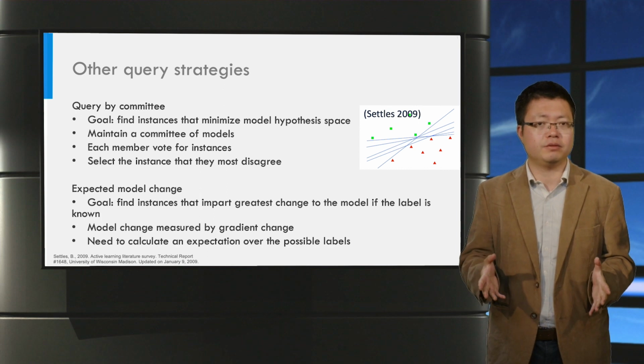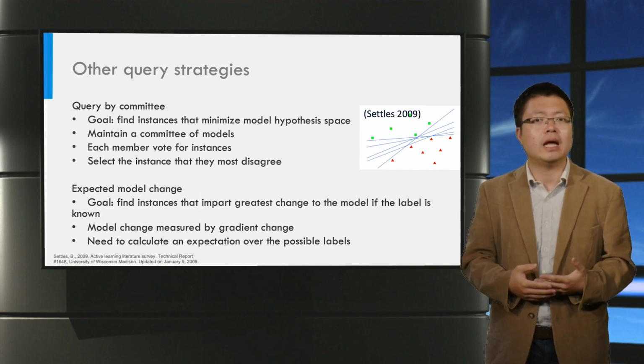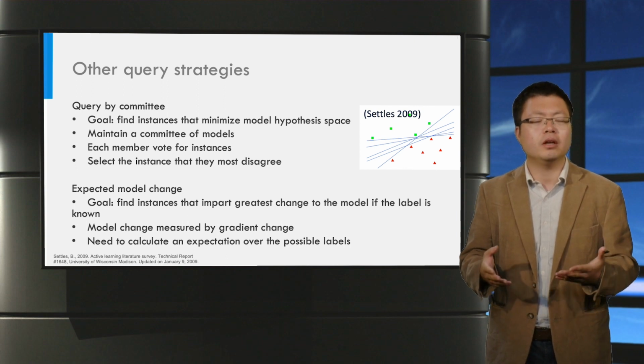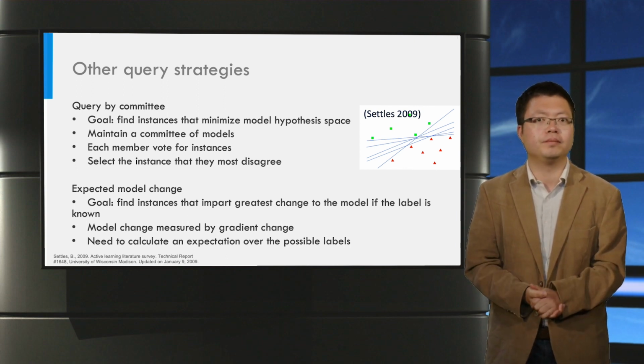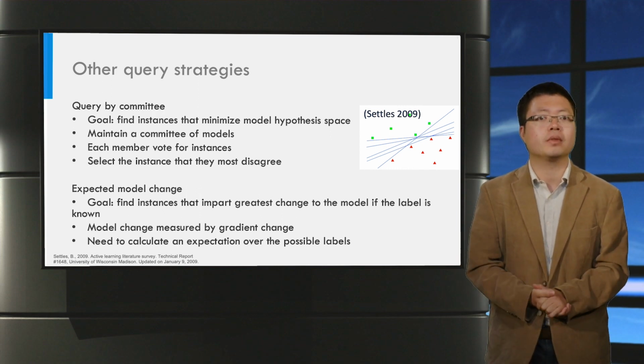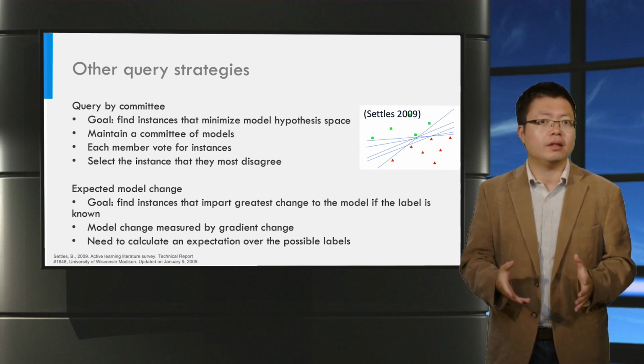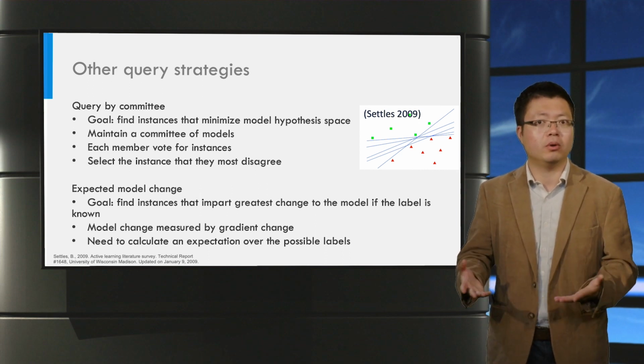The intuition behind this framework is that it prefers instances that are likely to most influence the model, for example, have the greatest impact on its parameters. Of course, since we don't know the true label, we need to calculate the expectation over the possible labels.